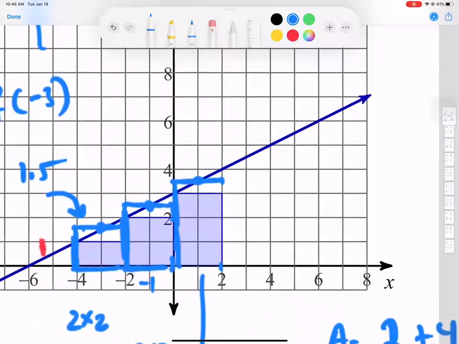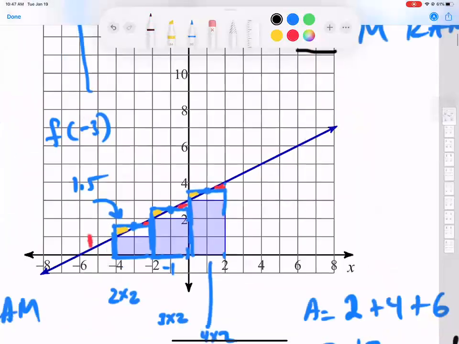It's a little bit over, it's a little bit under. So the midpoint is another type of possibility.